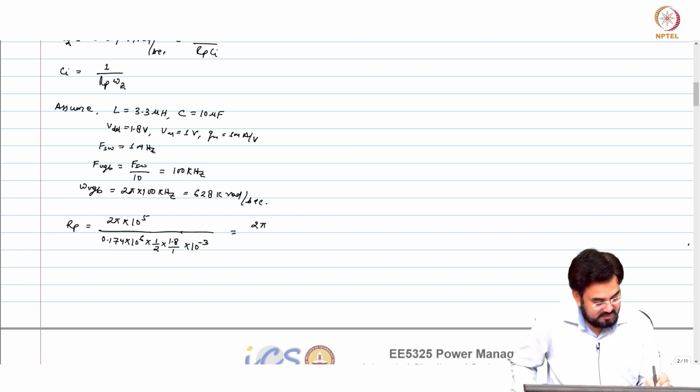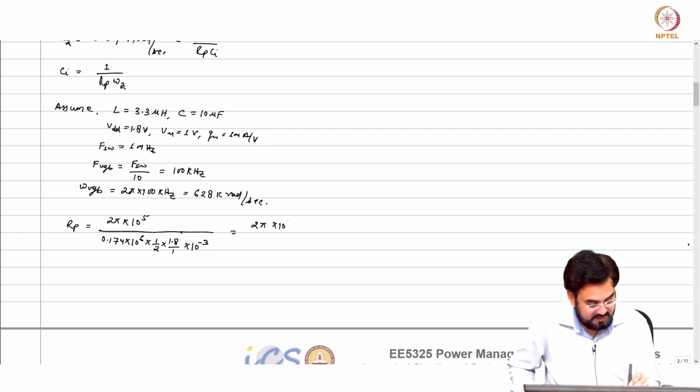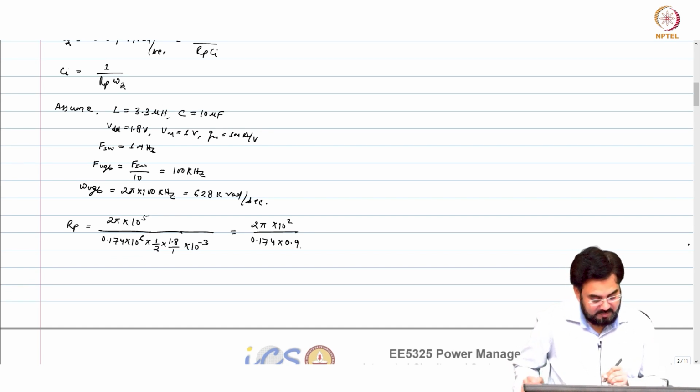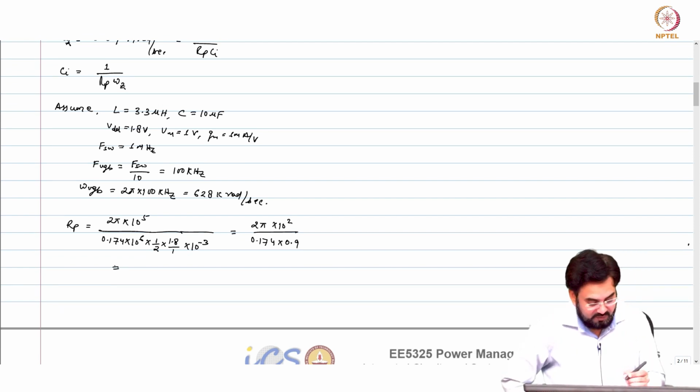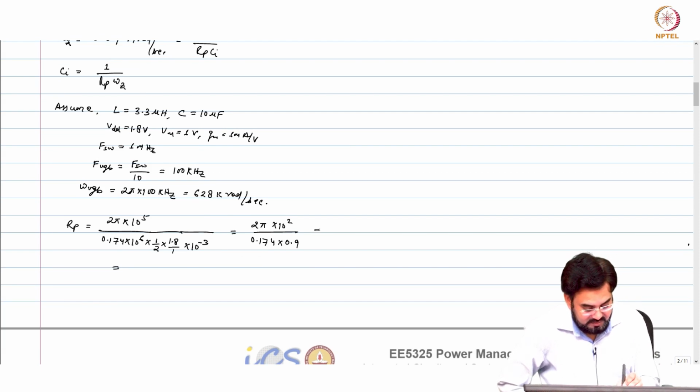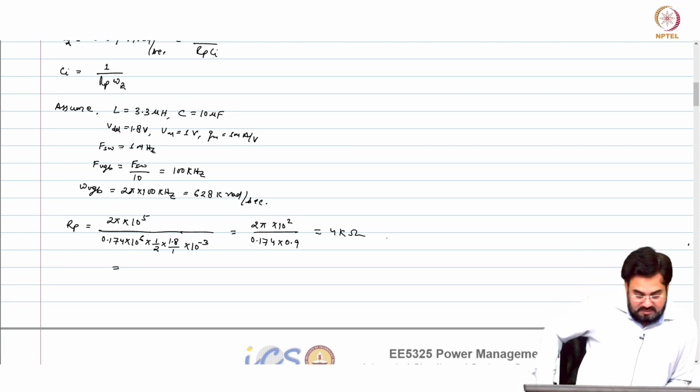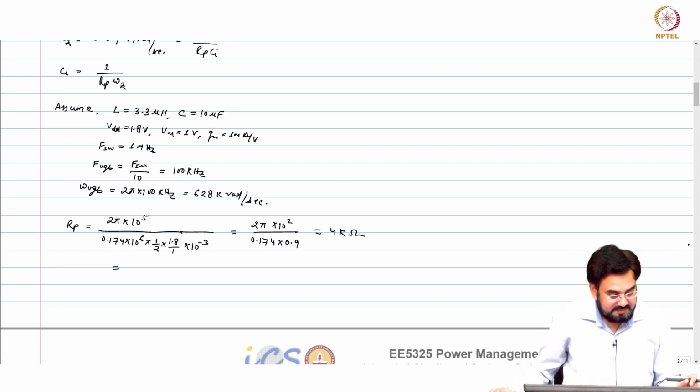Two pi, so 10 power minus 3, 3 goes up, so into 10 power 2, 0.174 into 0.9. Okay. How much is, 4.01 or 4 kilo ohm? Can you just check if it's correct?